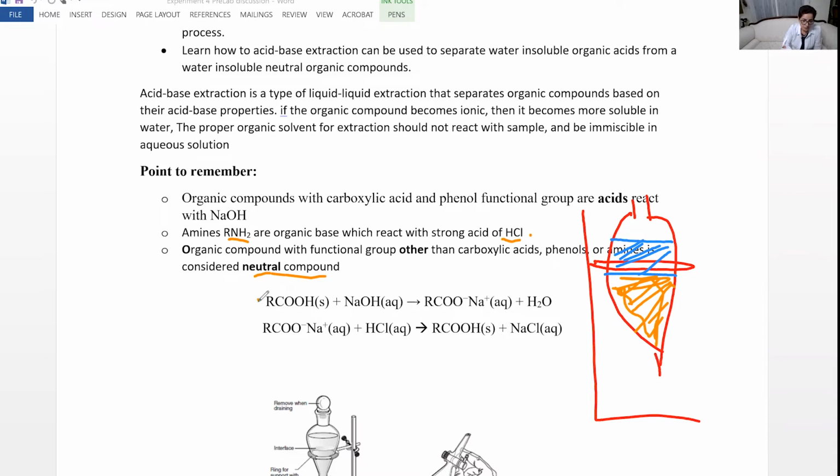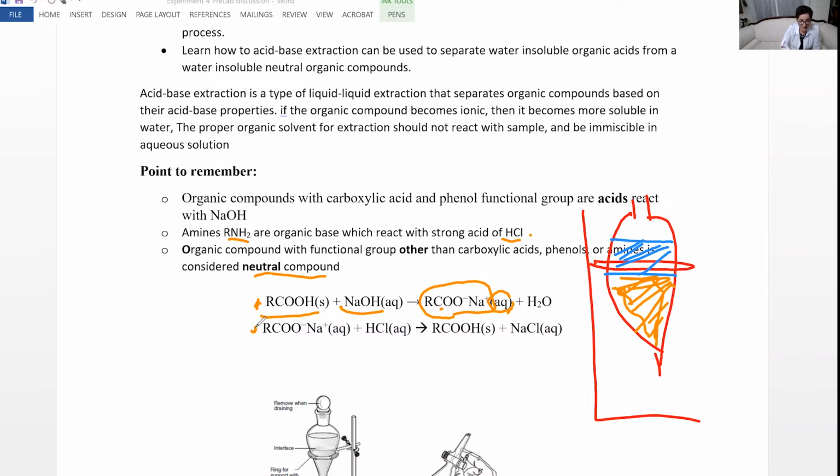There are two useful reactions here that we are using in the extraction. The first reaction shows that carboxylic acid with sodium hydroxide would change to an ionic compound. This is the salt that is water soluble. And because it's water soluble, it will go to the aqueous layer.